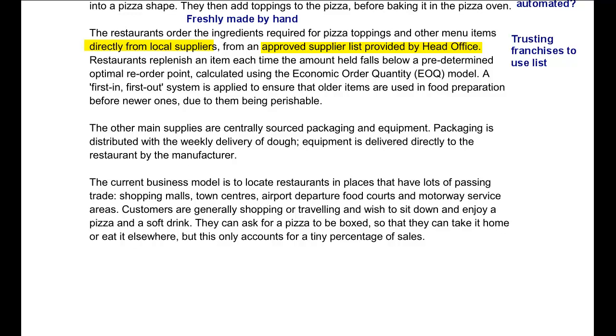Well, they have a predetermined optimal reorder point. So in theory, this should be the best possible time or most efficient in terms of cost and time, etc., to order new ingredients. Now, when it says predetermined, it could be that there's a blanket point for all restaurants, which perhaps is not the best thing, because each restaurant might do slightly better business or sell more of certain ingredients.